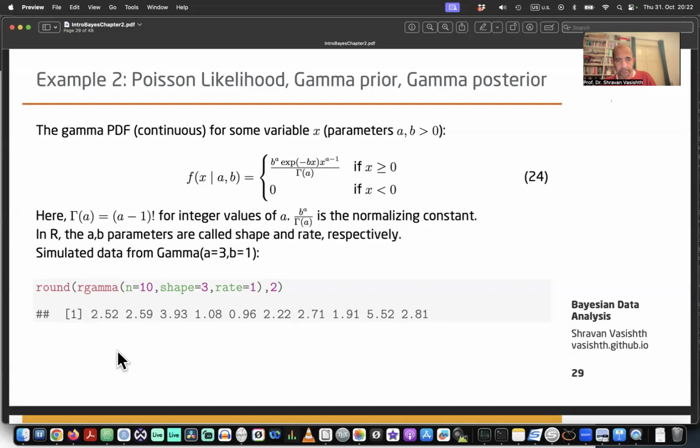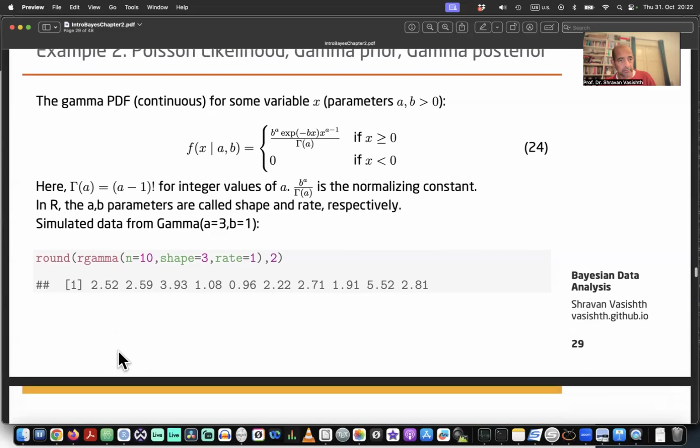It's nothing special here, but what I want to show you is that you can get a handle on what this distribution looks like by using the rgamma function for generating random data. Here I'm generating 10 random data points from an arbitrary gamma distribution, just to show what it looks like with shape 3 and rate 1. So A and B parameters are 3 and 1.